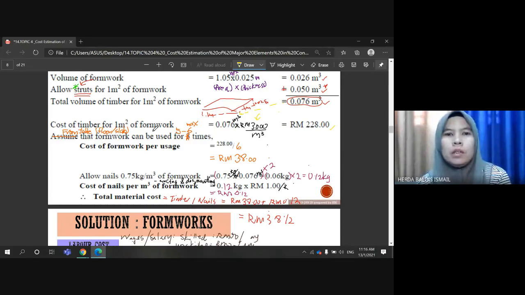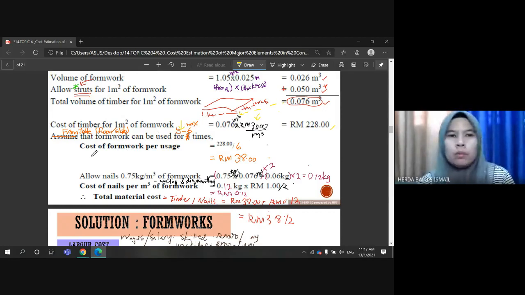So like I mentioned earlier, we have to calculate cost per usage. The formwork can be used many times. As for the constant, you need to refer to the remarks column. So you will choose the maximum usage or economic or optimum consideration.